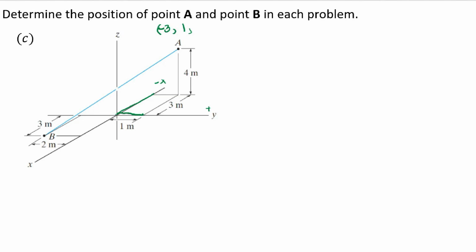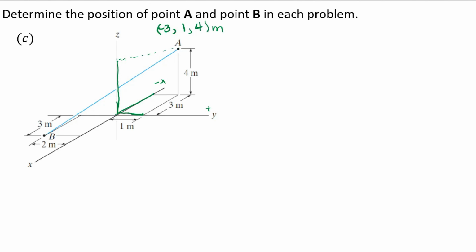And lastly, what is the distance of this along z? Again, if I get a dashed line here connecting the z-axis to that point A, I need the dimension of this. In that case, that is 4 meters. And since that distance is lying above the origin, that will be positive 4 meters.